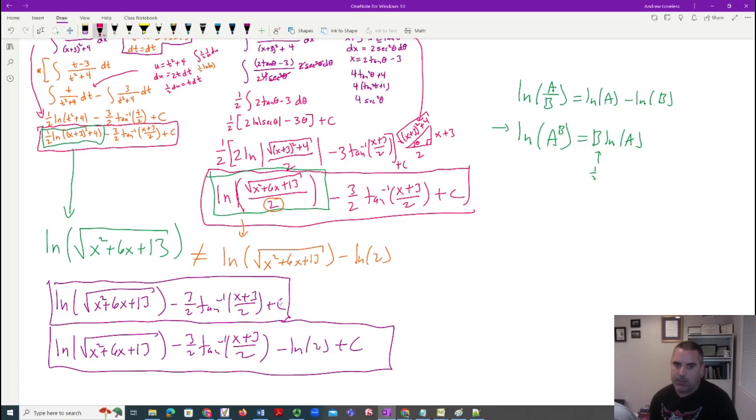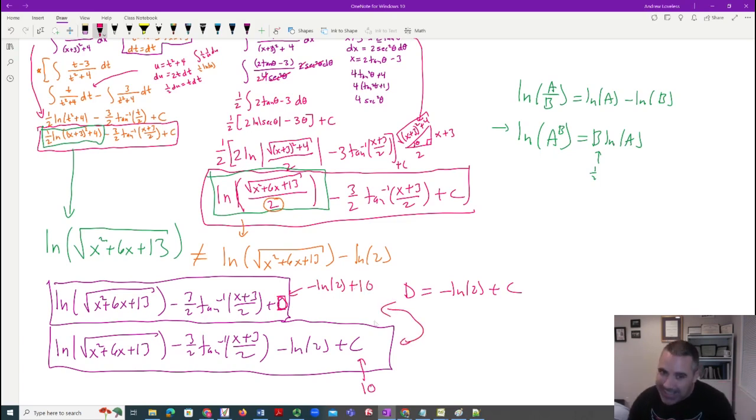What it means is these constants are different. So if I labeled this one d and this one c, d would always be negative log of 2 plus c. So for example, if c was 10, then d would be negative log of 2 plus 10. If you look at it for a given initial condition, you would have the exact same answer.